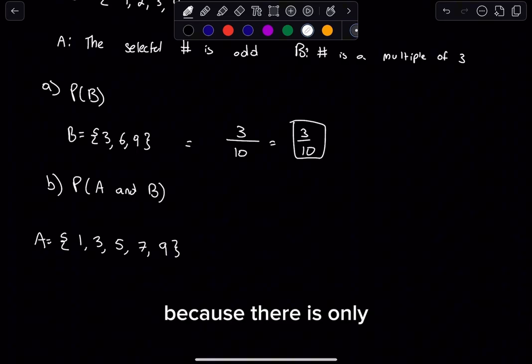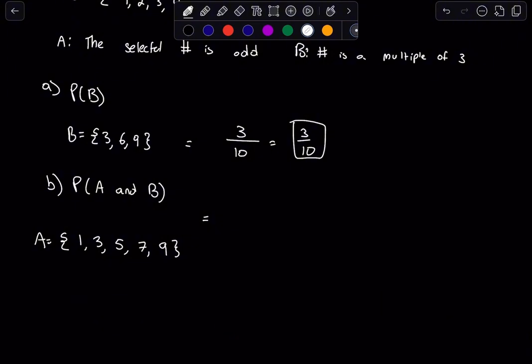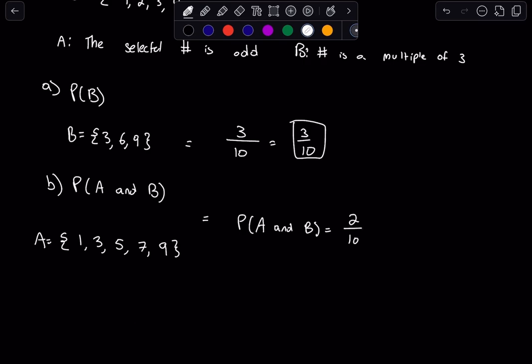Because there's only 2 elements that satisfy both these sets. So the probability of A and B is going to be 2 over 10.